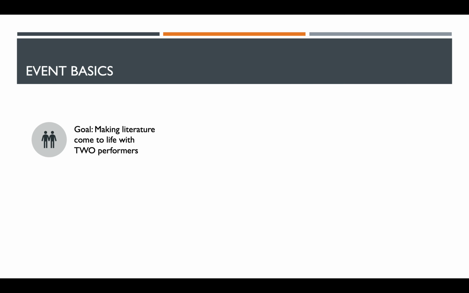The goal of duo is making literature come to life with two performers. Duo is the only speech event that has two individuals performing together. So it's the only partnered event in speech, unlike the other ones that are just one person performing. Duos can be humorous, dramatic, or have a combination of the two.